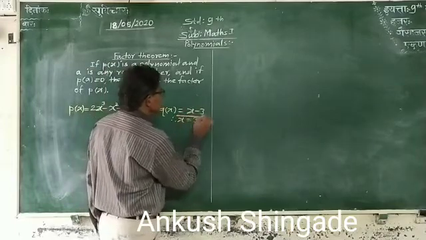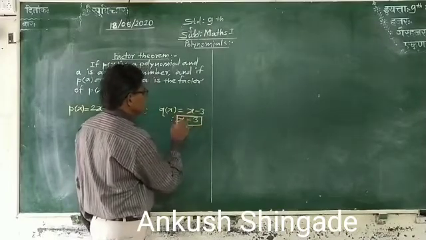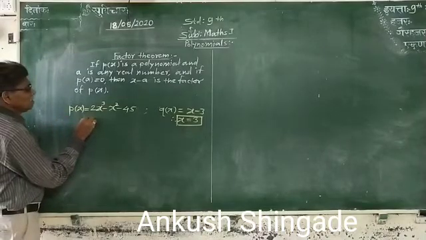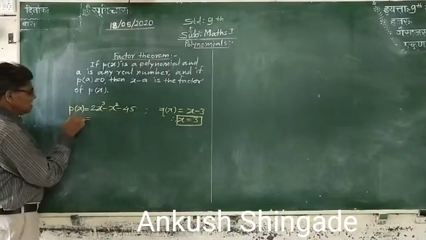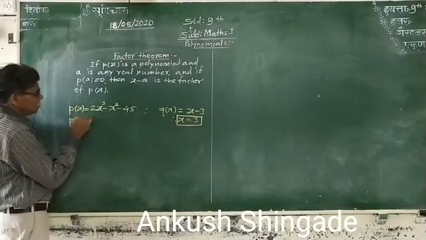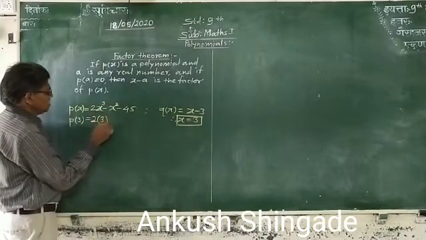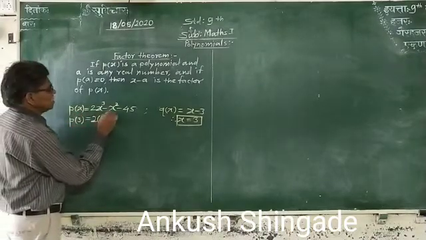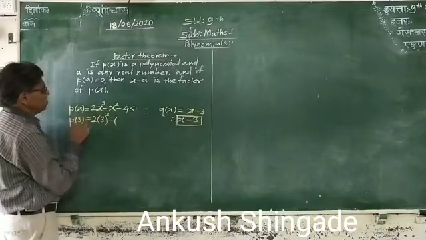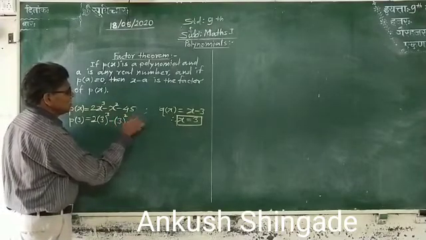So here put the value of x in P. Now replace x by 3. 2 into x equal to 3, 3 cube, minus x equal to 3, square, minus 45.